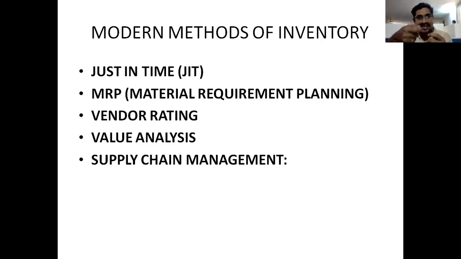So these are the chains. We do not get products directly from the manufacturing company. We just purchase from the retailer shop, right? Like D-Marts or any store nearest to our homes.